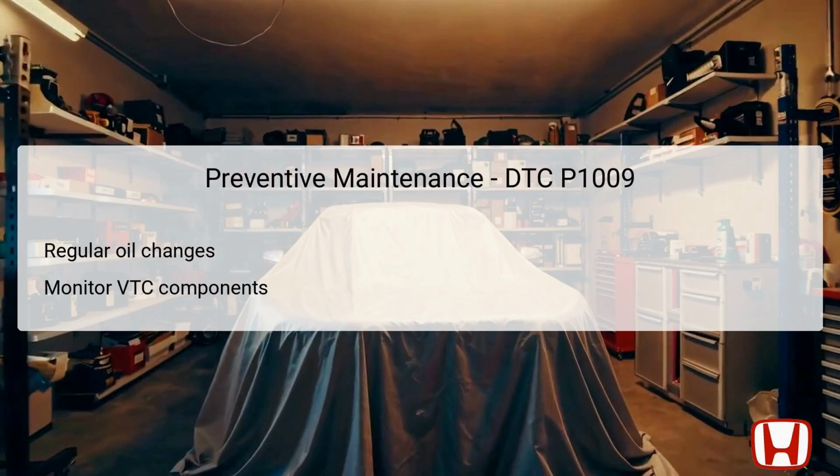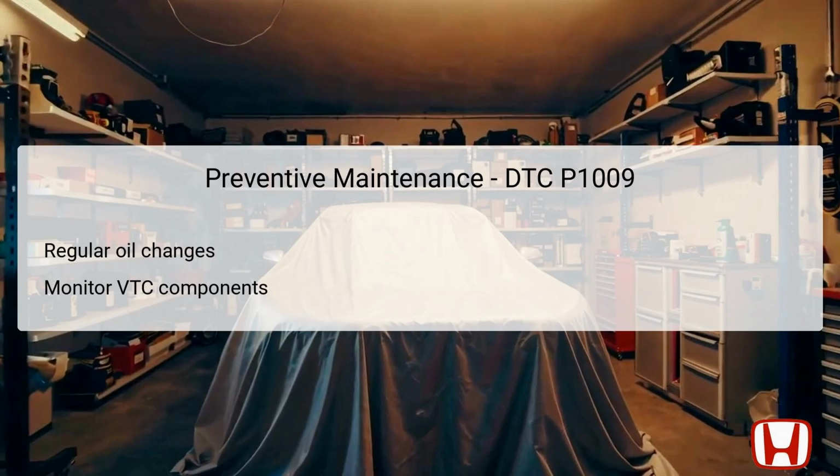Preventive maintenance plays a key role in avoiding future occurrences of DTC P1009. Regular oil changes are essential, as clean oil ensures that the VTC system functions optimally without clogging from contaminants. Monitoring the condition of VTC components can help catch potential issues early before they escalate into major problems.